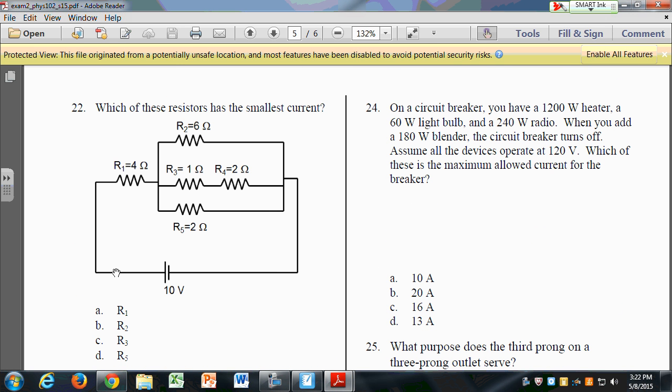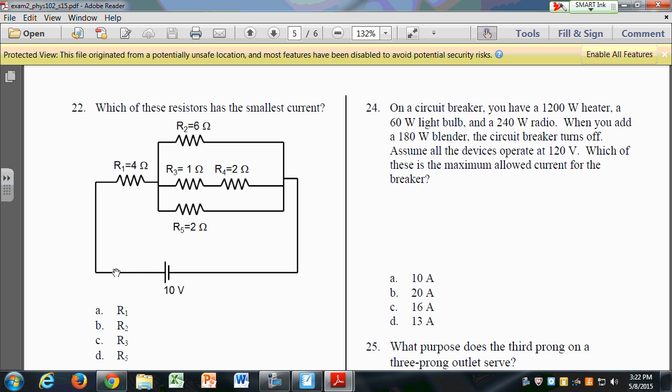Which of these resistors has the smallest current? I can think about this in terms of numbers. First I'll have R1, R2, R3, and R5. I know R1 is not the right answer because it has the biggest current. All the current comes here, and then the current splits into three pieces.